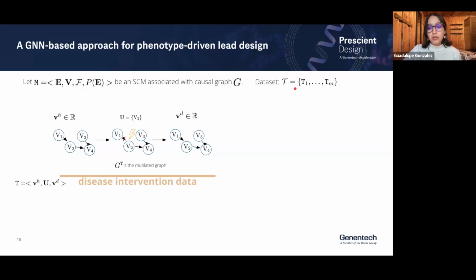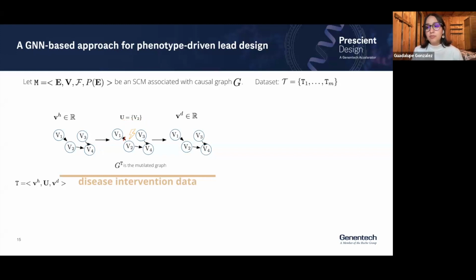And we have a data set with tuples where each tuple is a combination of a healthy gene expression, that's V super index H, and this is one real value per gene. And we have in this healthy system a specific disease that is perturbing my system. It's represented as a set of nodes that are being affected by the disease.